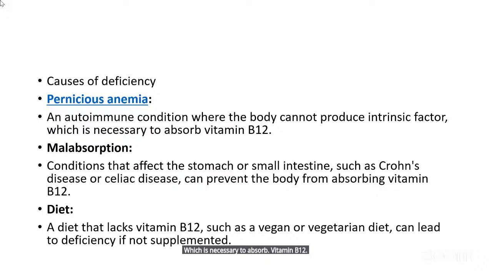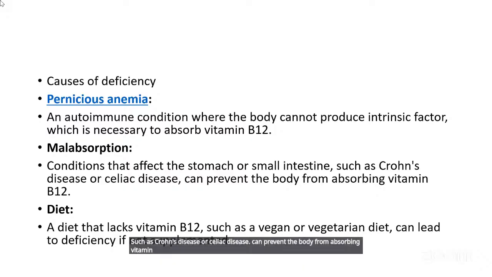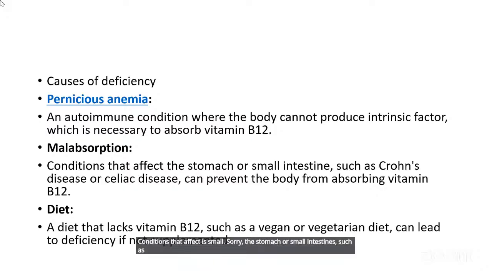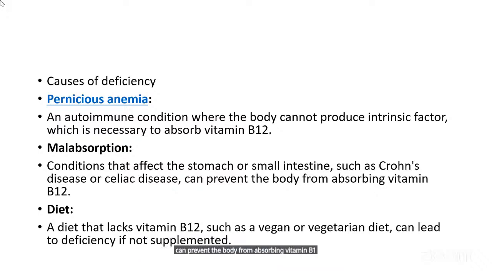Malabsorption is a condition that affects the stomach or small intestine, such as Crohn's disease or celiac disease, and can prevent the body from absorbing vitamin B12. Now, diet. A diet that lacks vitamin B12, such as vegan or vegetarian diets, can lead to deficiency if not supplemented.